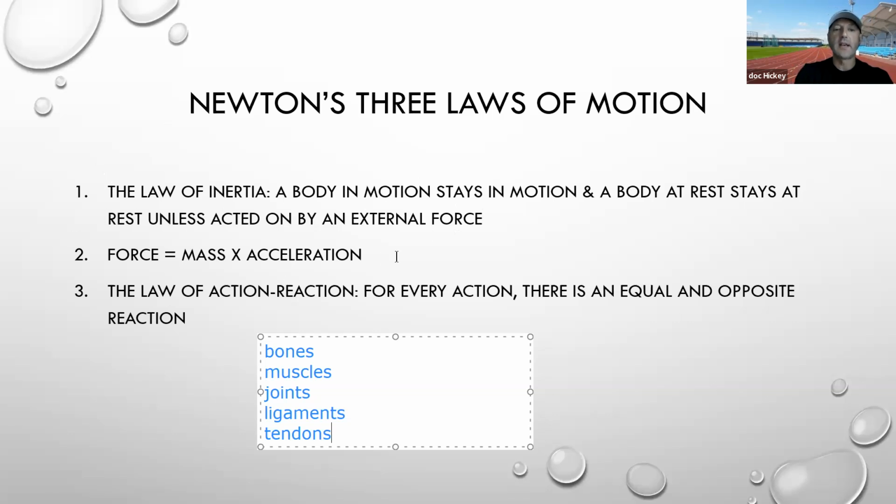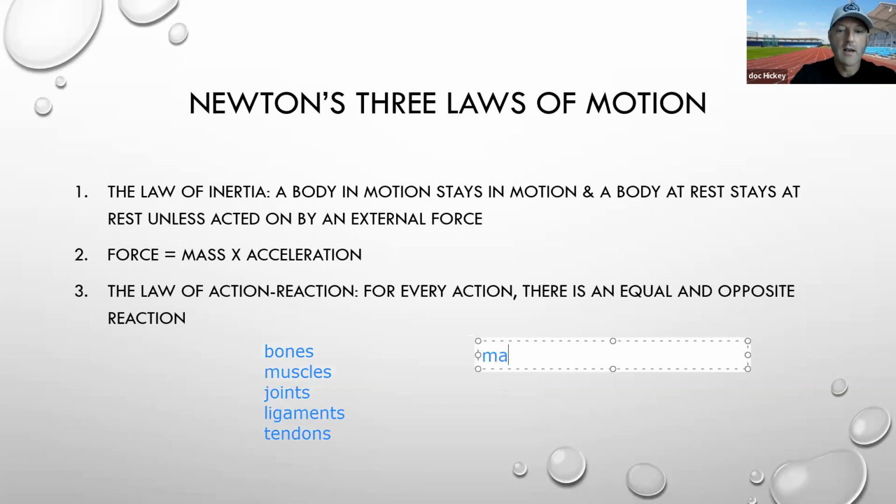The next one that we take a look at is the equation force equals mass times acceleration. If we break this down, looking at it from a strength and conditioning perspective, mass tells the sports scientist how much do I have, or answers the question, how much do I have?